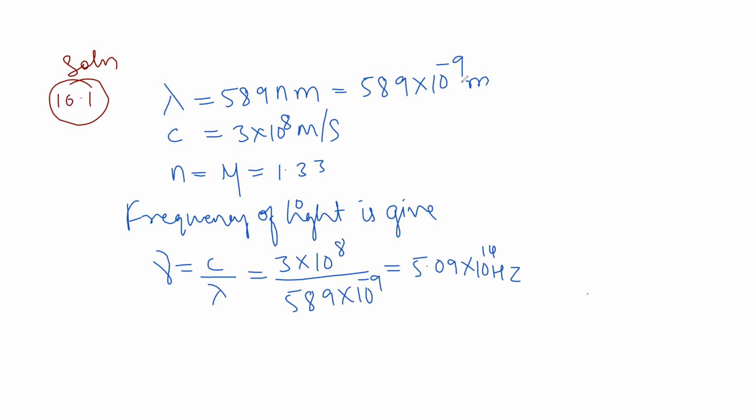Already we calculated frequency, nu is equal to 5.09 into 10 to the power of 14. The wavelength of reflected light is already given, and velocity of light is 3 into 10 to the power of 8 meter per second.